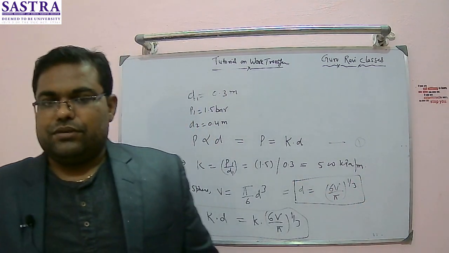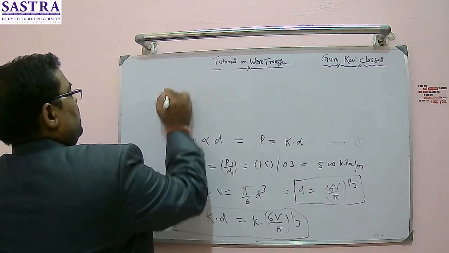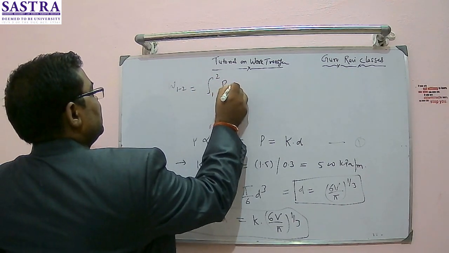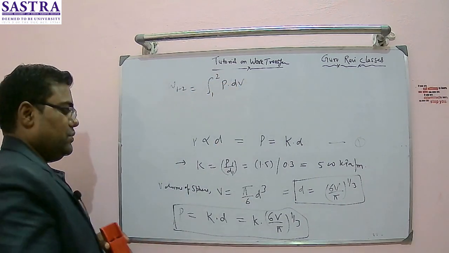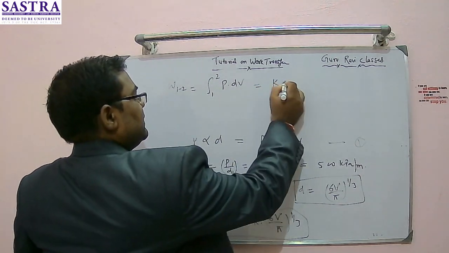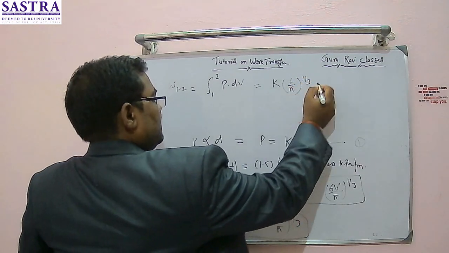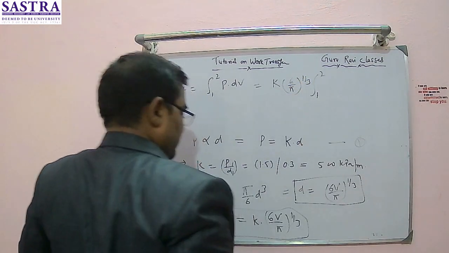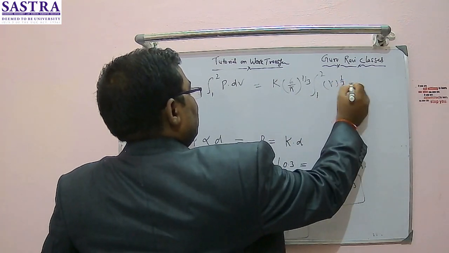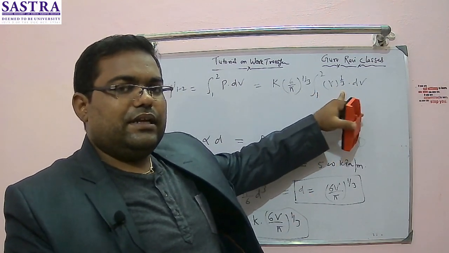Now we need to find out the work. So work transfer W12 is nothing but integration 1 to 2 P times dV. So P is there. We can substitute this K and take 6 divided by pi to the power 1 by 3 as a constant, 1 to 2, V to the power 1 by 3 into dV. So just integrate this, n plus 1.